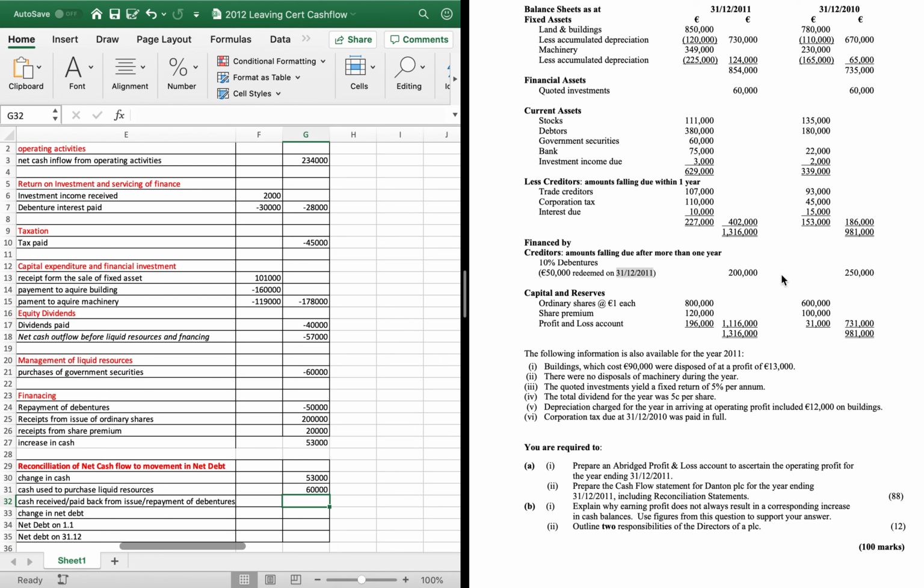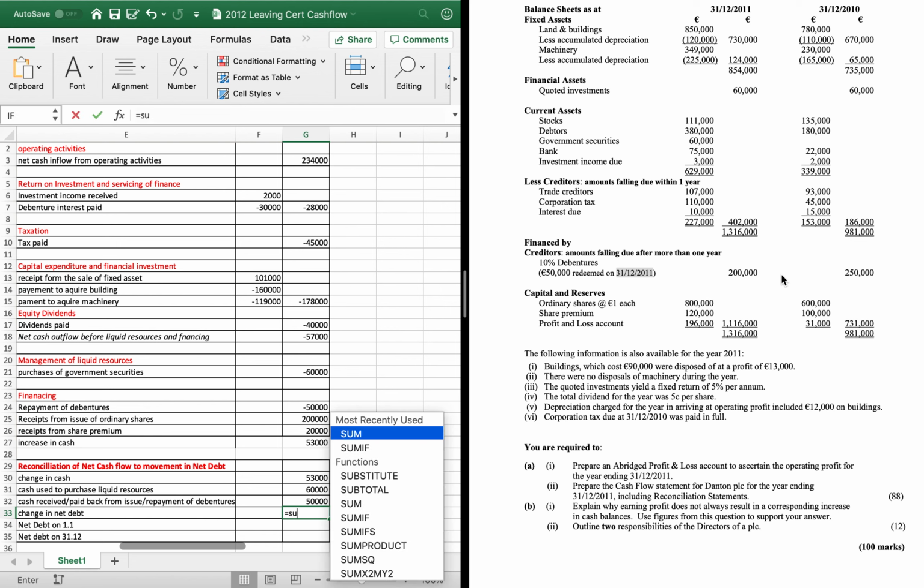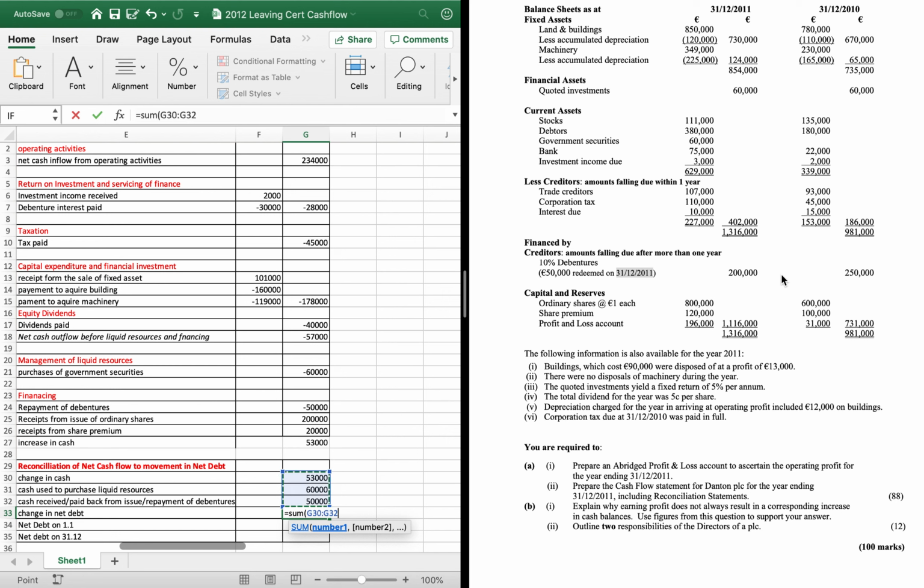Our debentures have gone down by 50,000, so we have 50,000 less debt. So that's another plus for us there. So our overall position is our change in debt is a positive of 163,000. That means that we have in effect 163,000 less debt than we had the previous year.